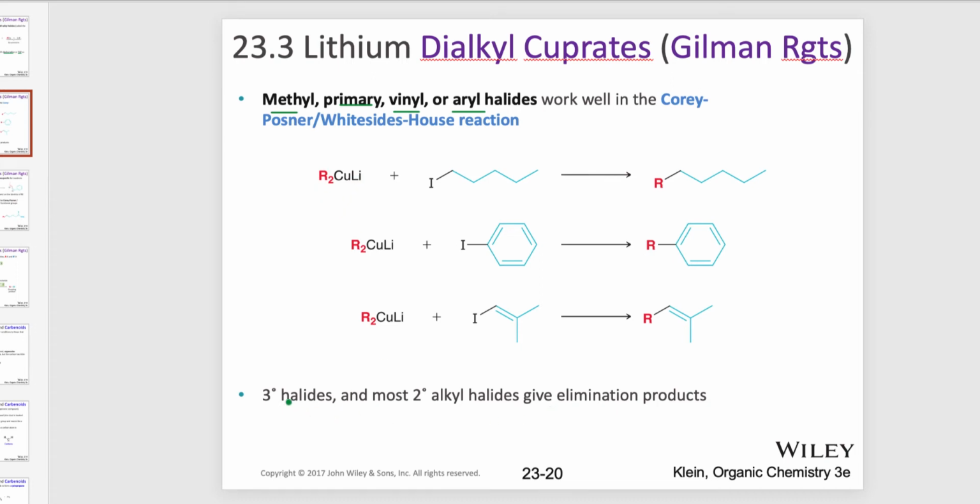Please also remember that when we have halides that are secondary or tertiary, we will get side products, so we want to avoid that. We stick with methyl, primary, aryl, and vinyl halides for successful transformations in the Corey-Posner-Whitesides-House reaction.